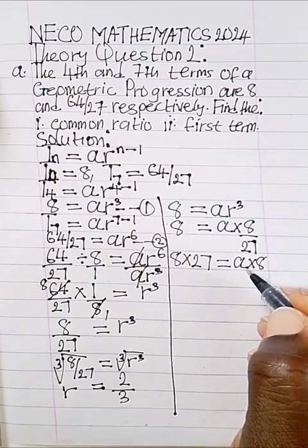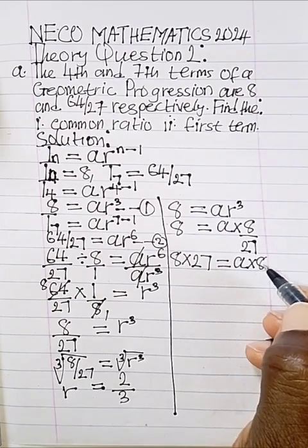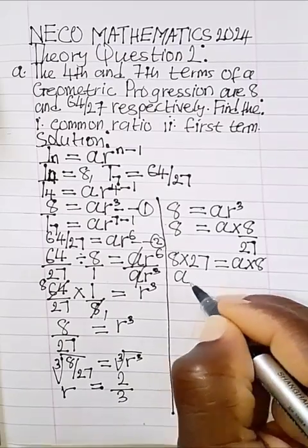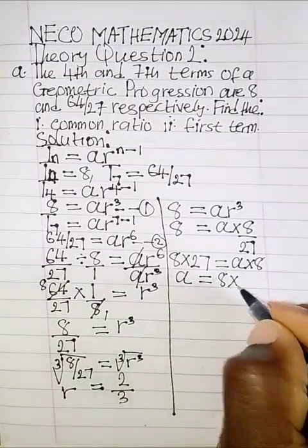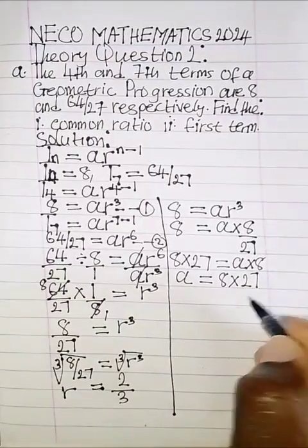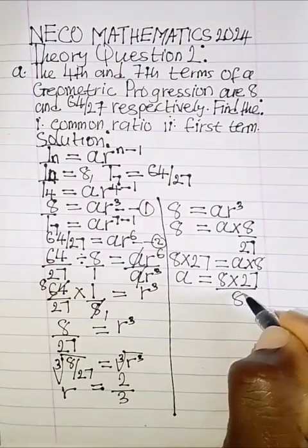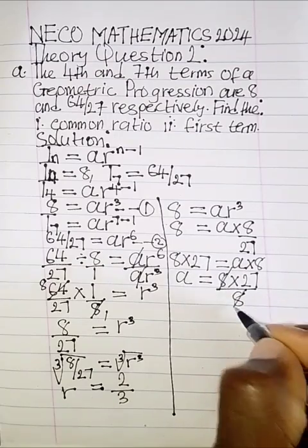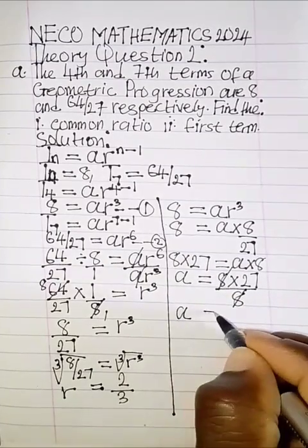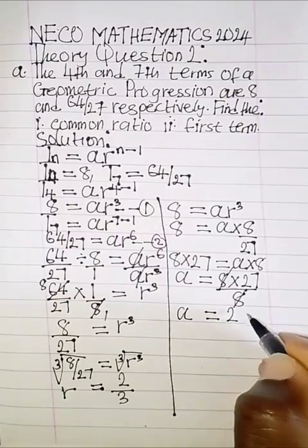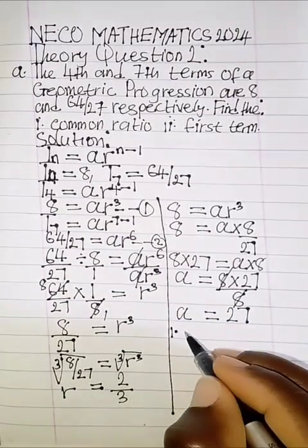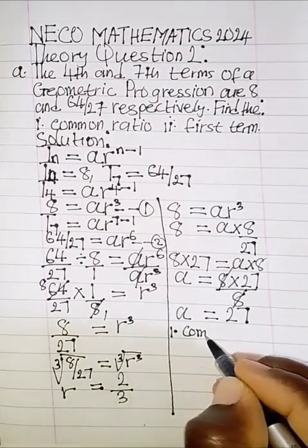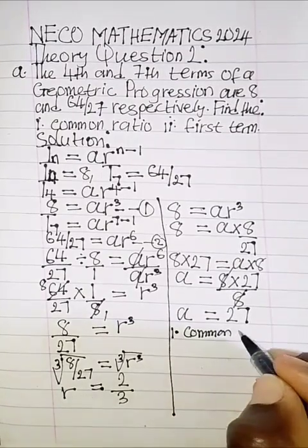To get a, divide both sides by 8. So a is equal to 8 times 27 all over 8. We cancel 8. a is equal to 27. Roman figure 1, we are asked to find the common ratio.